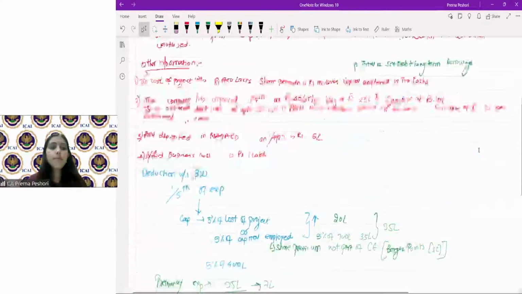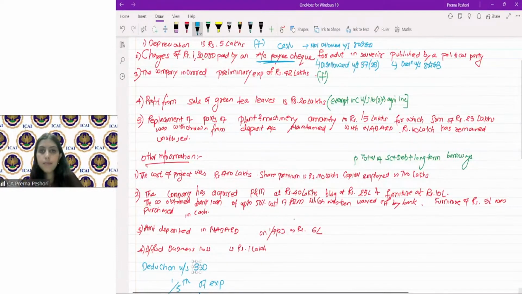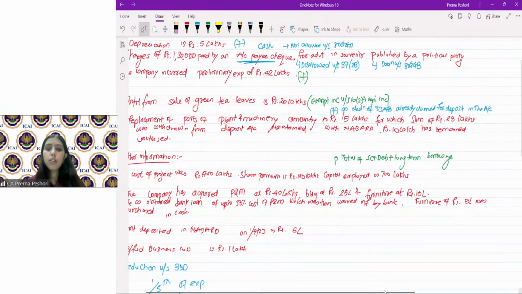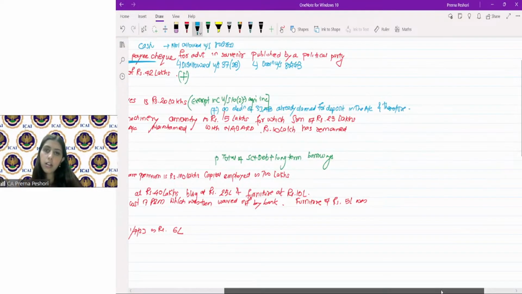So we will add back the 15 lakh, as the deduction under 33AB was already claimed for the deposit in the account, and therefore the expenditure from the amount withdrawn will not be allowed as deduction.